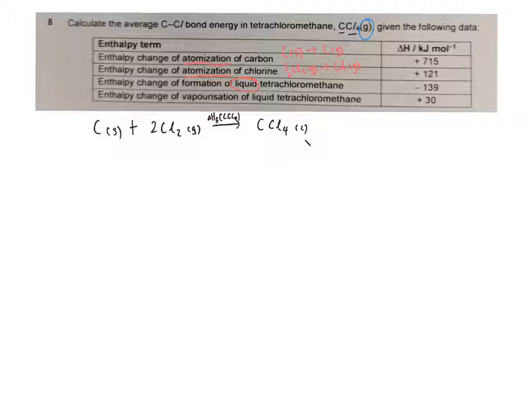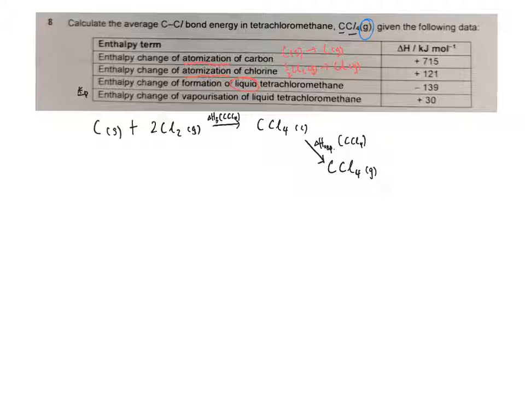I need one more step here. That will be CCl4 gaseous, and that would be this guy over here, the delta H of vaporization of CCl4.